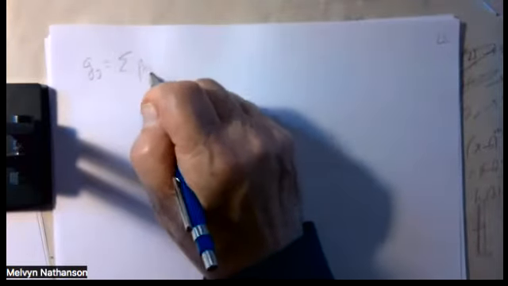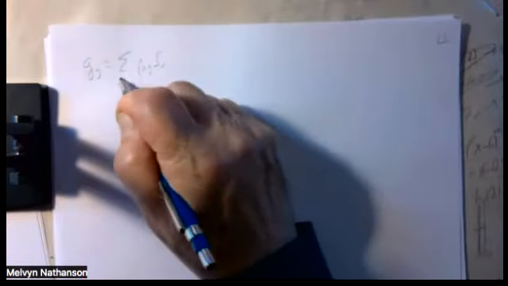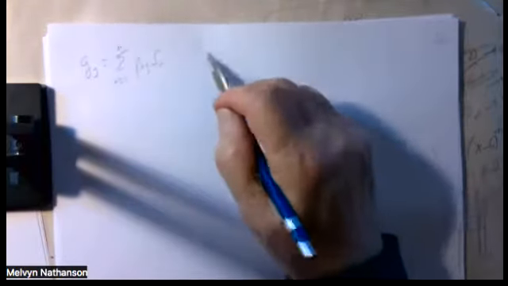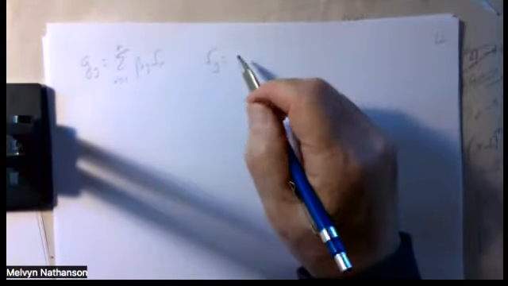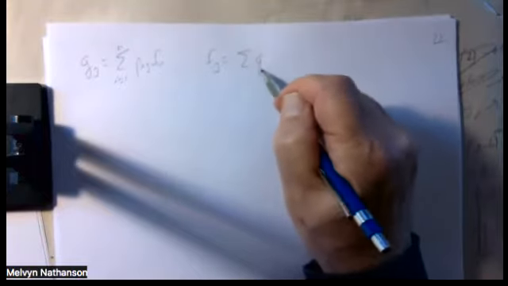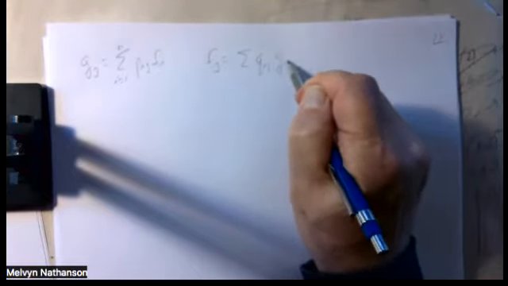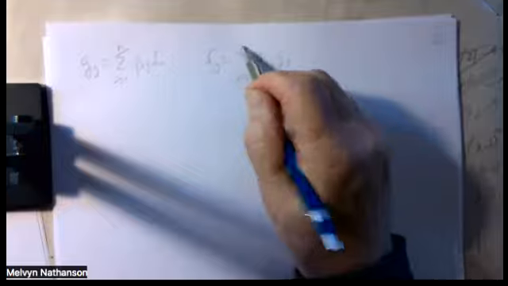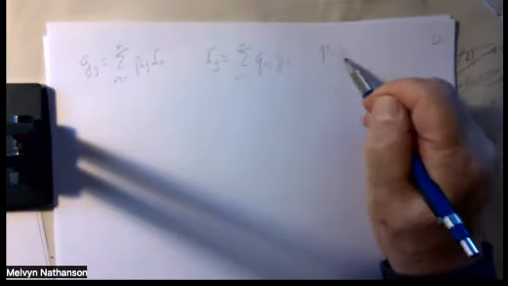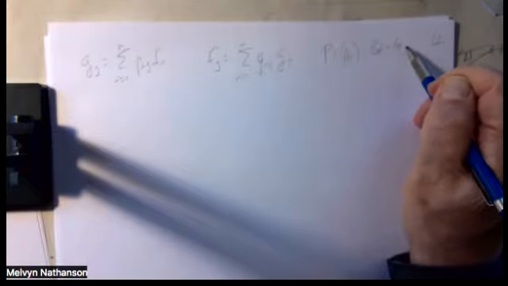So let me just recall. I have the vector Gj is the summation of Pij F sub i, i goes from 1 up to n. The vector F sub j is the summation of Qij G sub i, i goes from 1 up to n. P is the matrix of Pij's. Q is the matrix of Qij's.